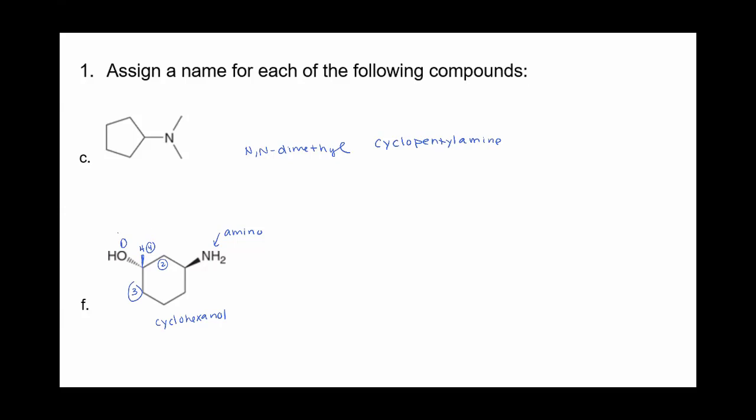So this would be, that's the wrong way, so that's S. That one is S. So this would be 1S, 3S, 3-amino cyclohexanol.